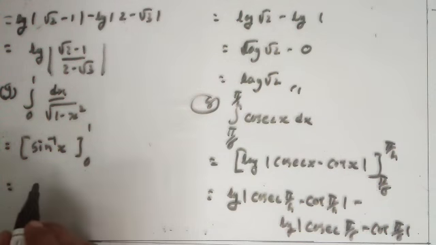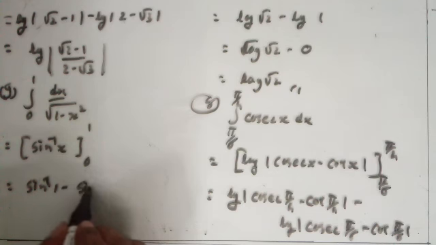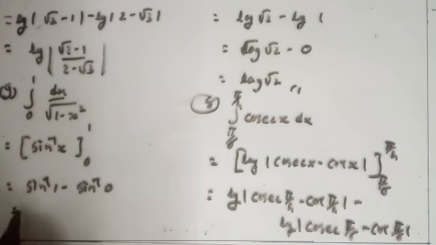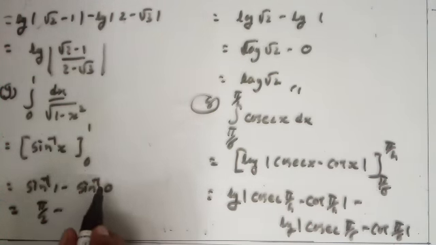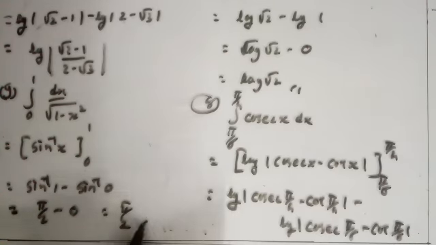So is equal to sin inverse 1 minus sin inverse 0. We know that for sin inverse 1, think where the value of sin becomes 1, at pi by 2, minus, think where the value of sin becomes 0, at 0. So the answer is equal to pi by 2. Okay.